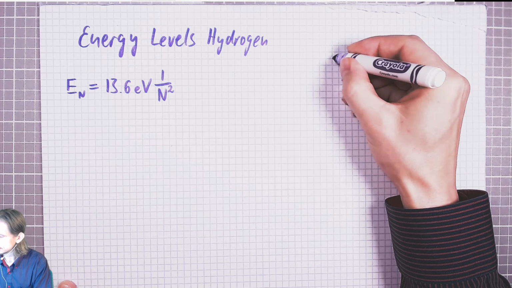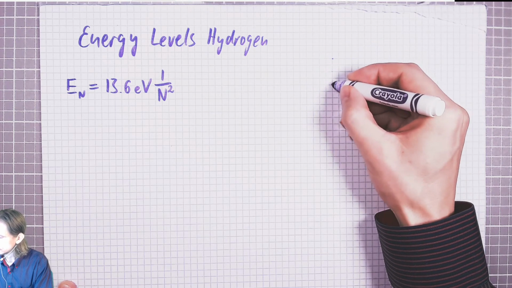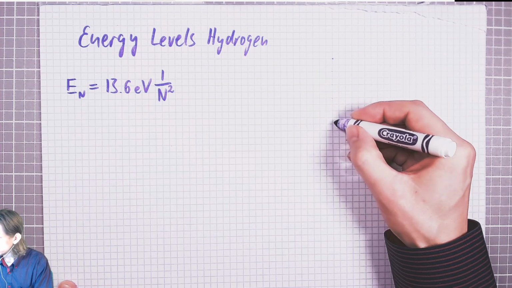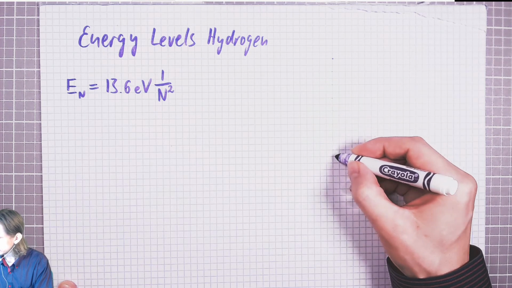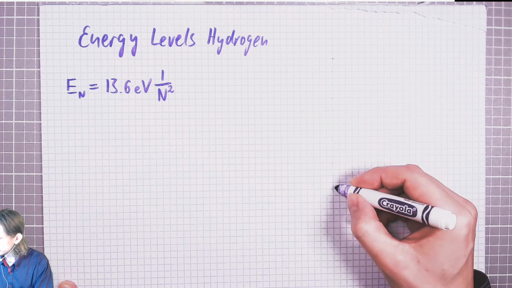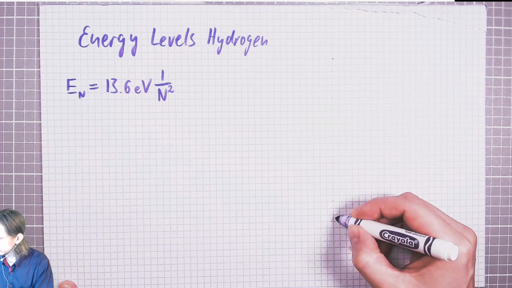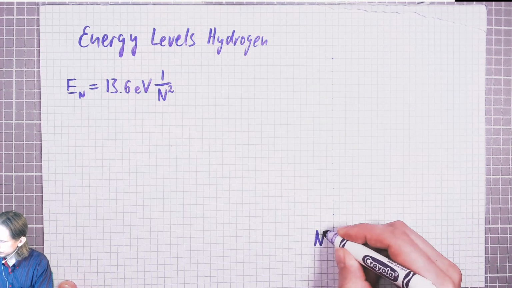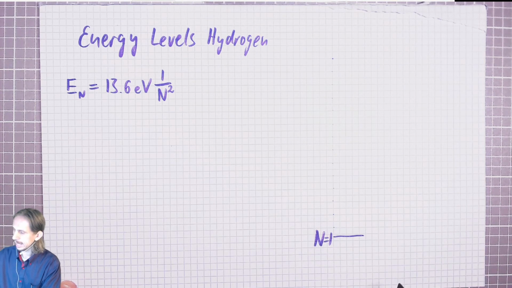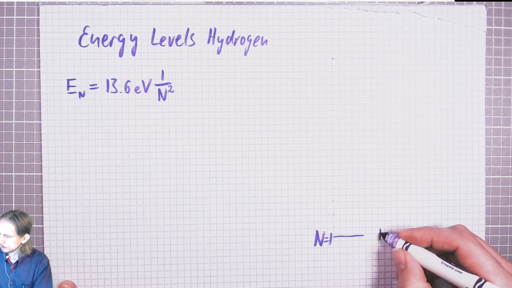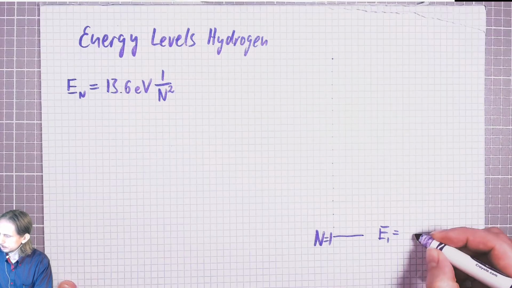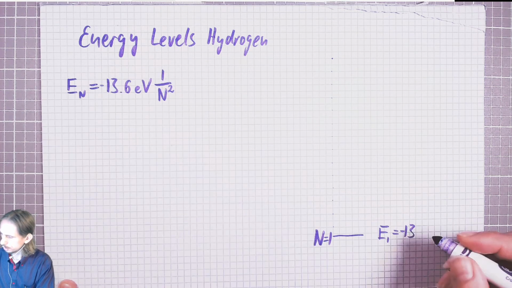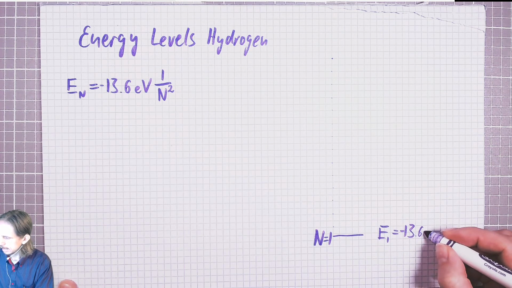So let's draw this. If we take n equals 1, E1 would be minus 13.6 electron volts.